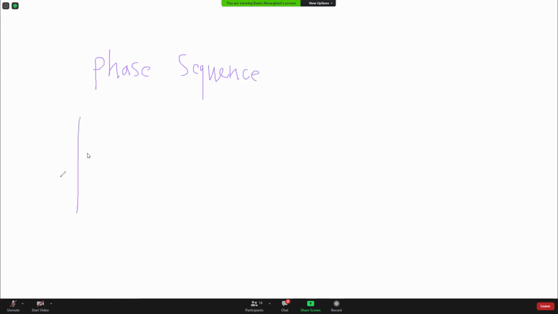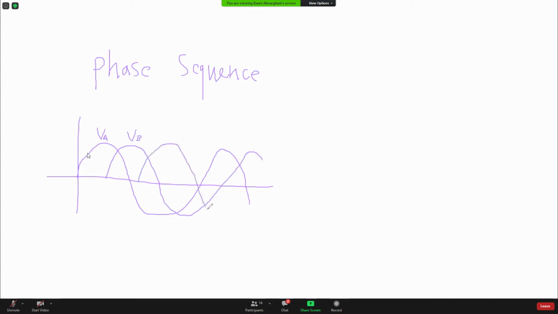Okay, each phase has voltage. This is VA. Then 120 degrees after it, there comes VB. Then 120 after it, it comes VC.